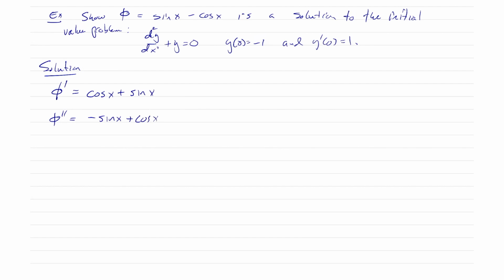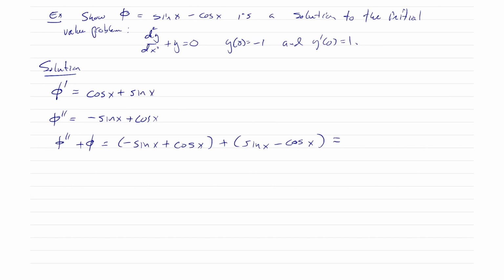And so if I plug that into my differential equation, I see that phi double prime plus phi is going to give me minus sine of x plus cosine of x plus, sorry, my mistake. This is what I should be putting in there: sine of x minus cosine of x, right?